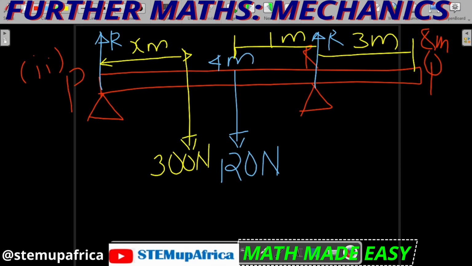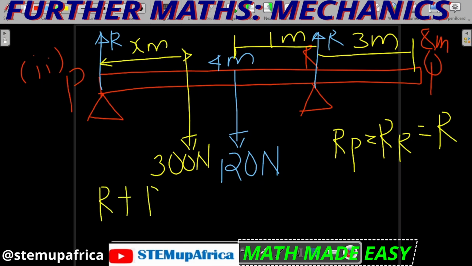If the reactions are equal, what is the value of the two reactions? It simply means that my RP is equals to RR. The value is R. We're still going to apply the same principles of moment. Total upward force equals total downward force. What are the upward forces?